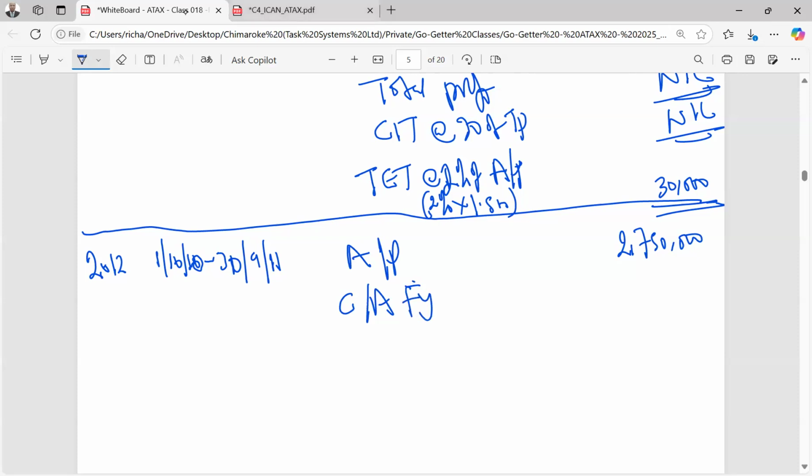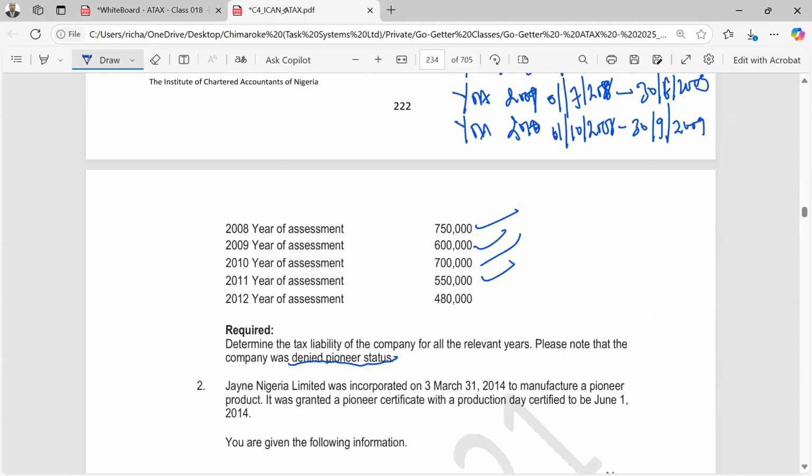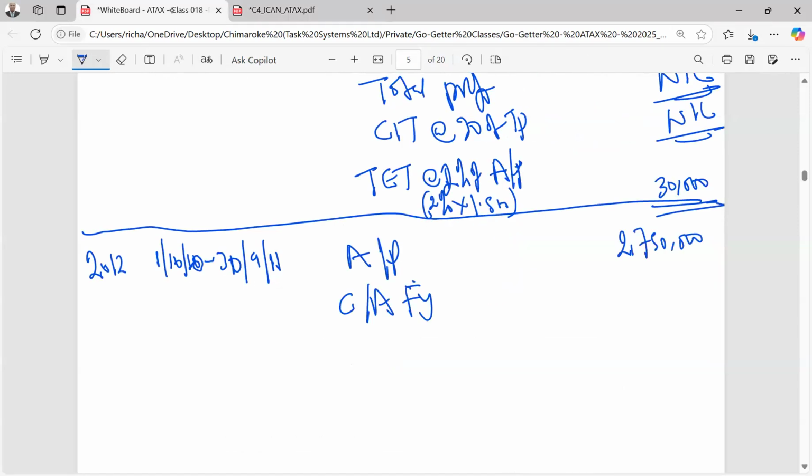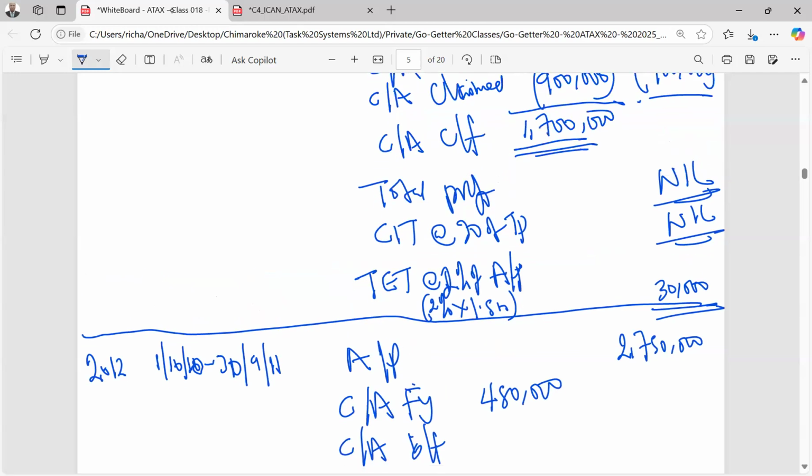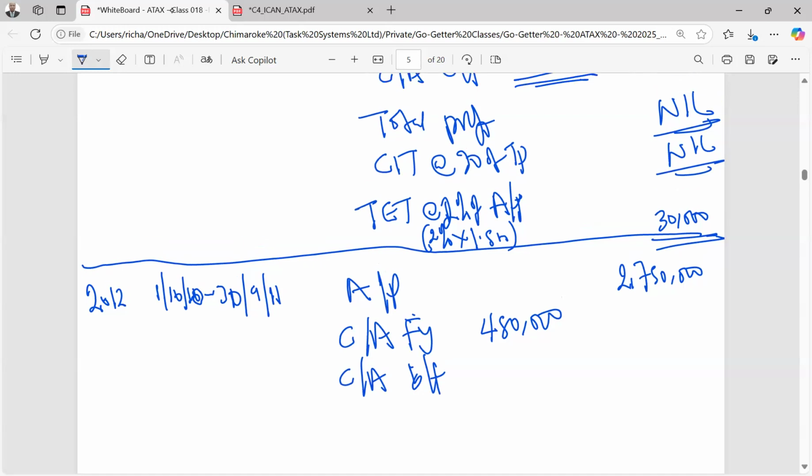So no loss. All we need to do now is capital allowance for the year. Capital allowance for the year is going to give us 480. So we'll take it down here, 480. Then capital allowance brought forward will be from what we have here, 1,700,000.